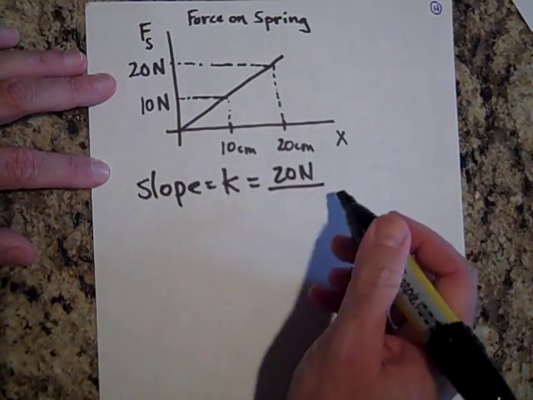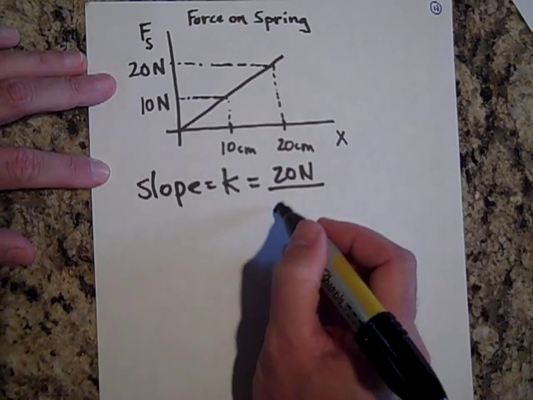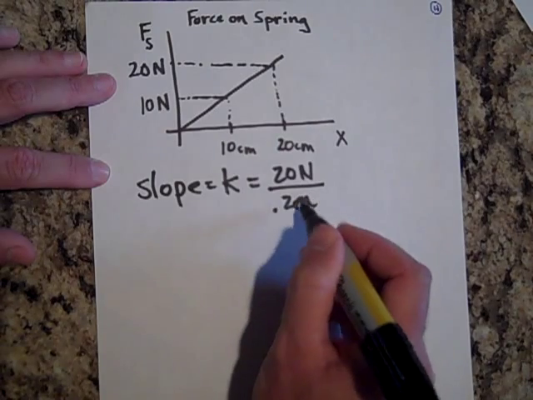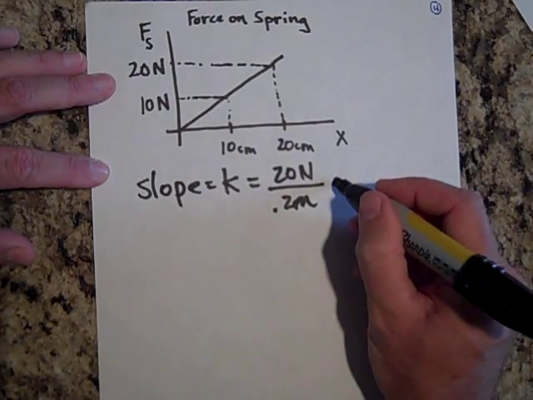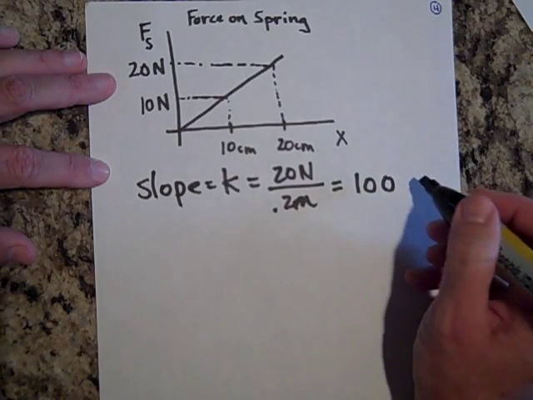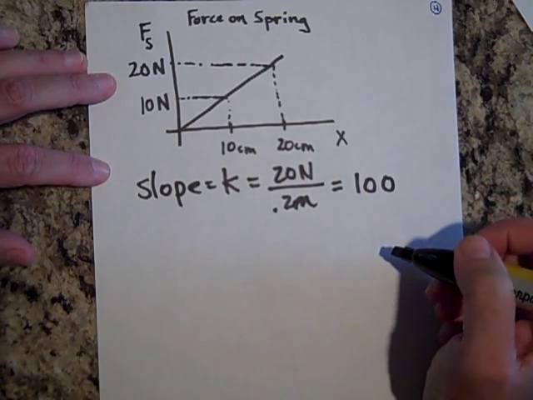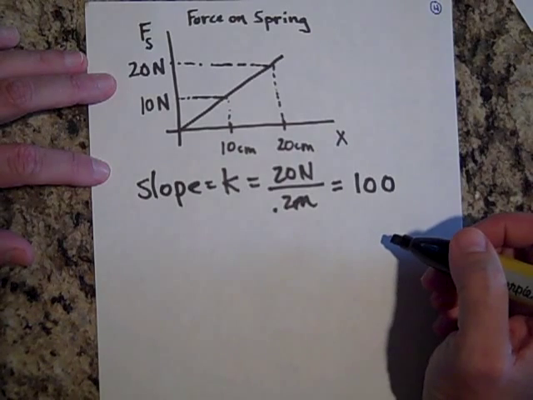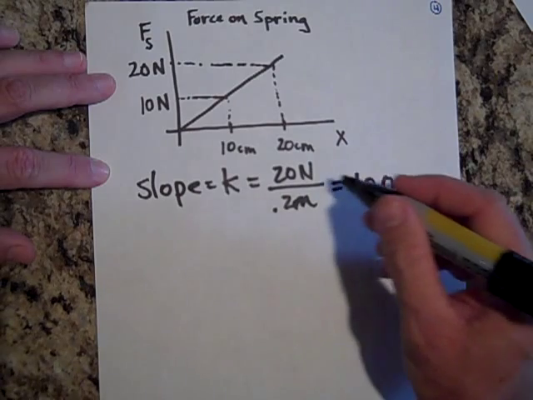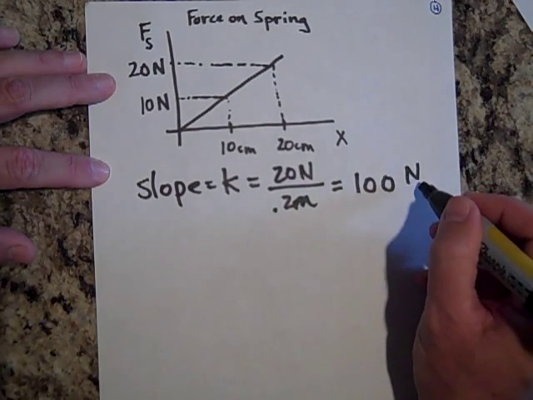There's a few ways to do this. 20 newtons over 0.2 meters. You've got to put it in meters. And so that's going to be 100 newtons per meter. Is that right? Yeah, I think it's 100 newtons per meter.